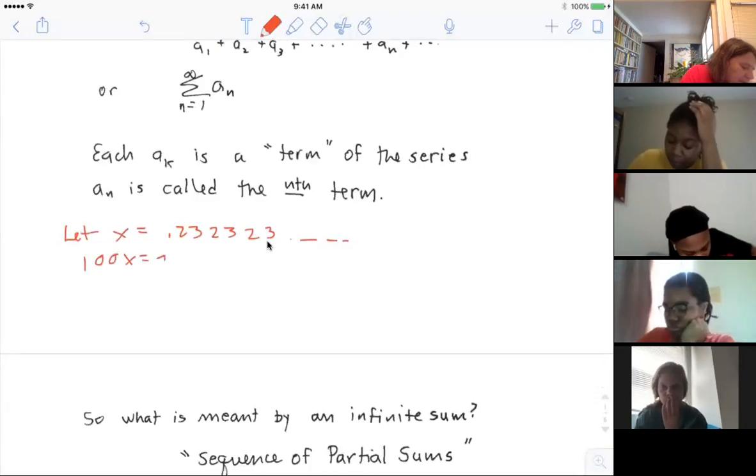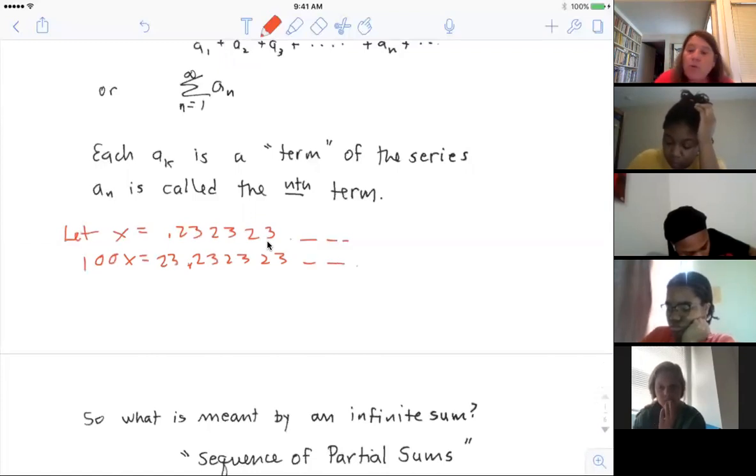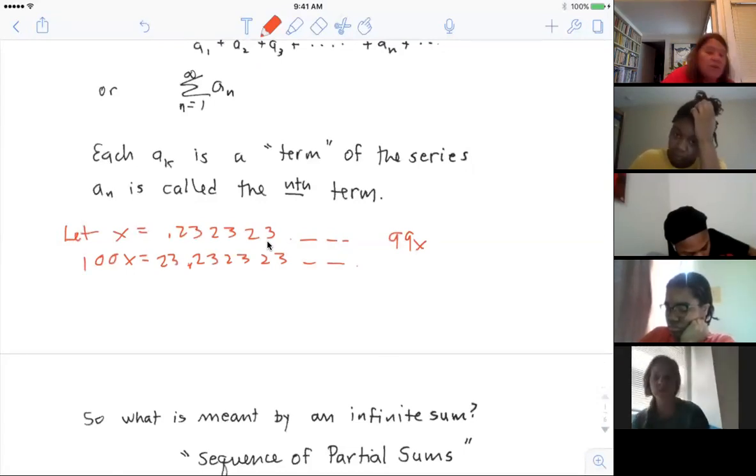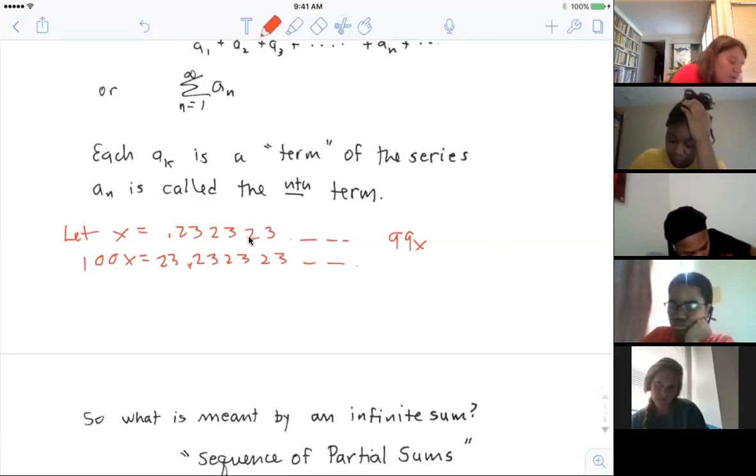So if I do that, it'll be 23.232323. And then, of course, that's just repeating like the other one. I'm going to pull the same trick I did a minute ago. I'm going to say 100x minus x is 99x, and 23.232323 minus 0.232323 is just going to be 23.